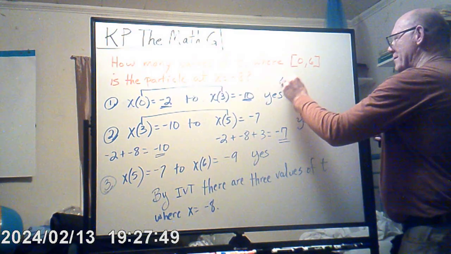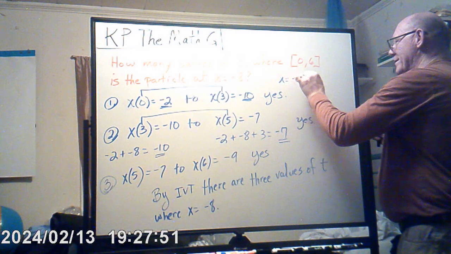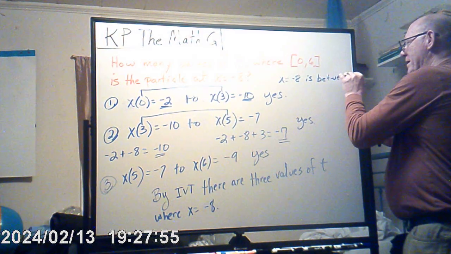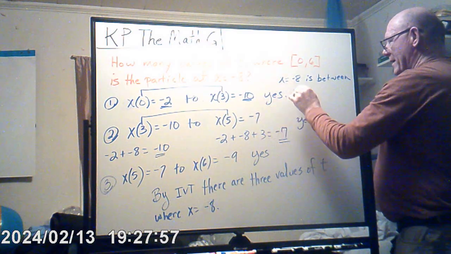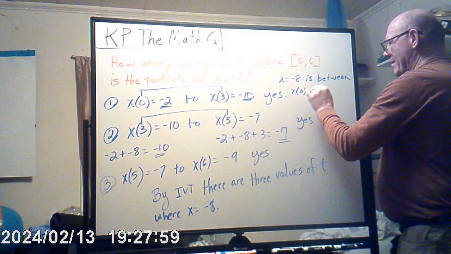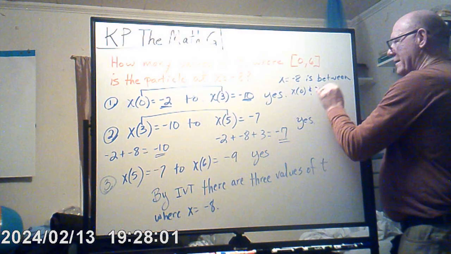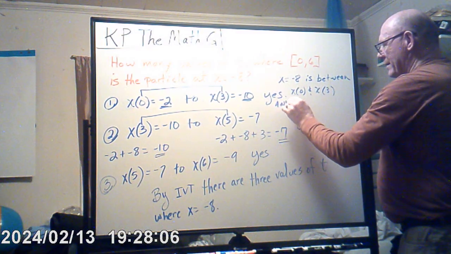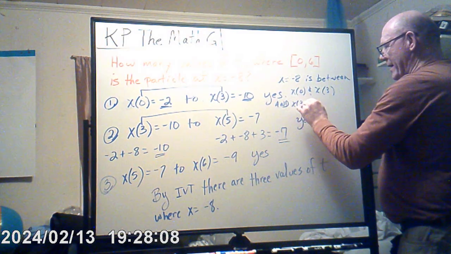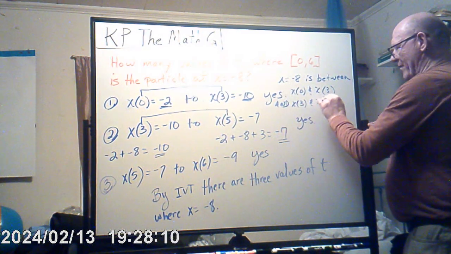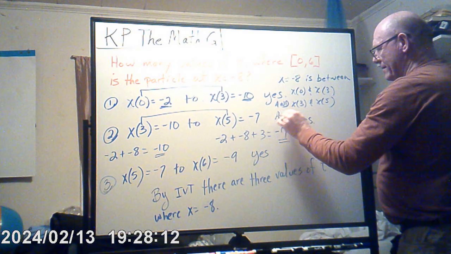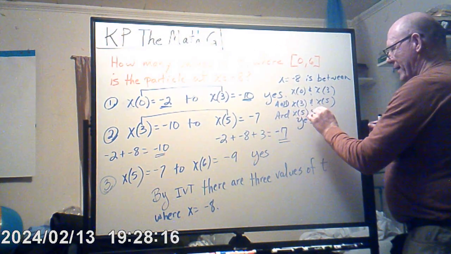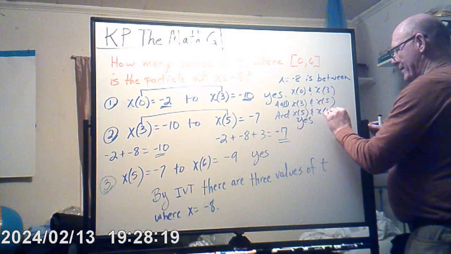Okay, so x equals negative 8 is between, and we could even say, x at 0 and x at 3, x at 3 and x at 5, and x at 5 and x at 6.